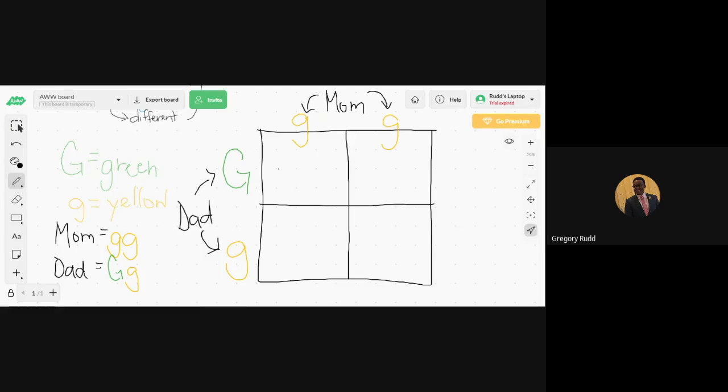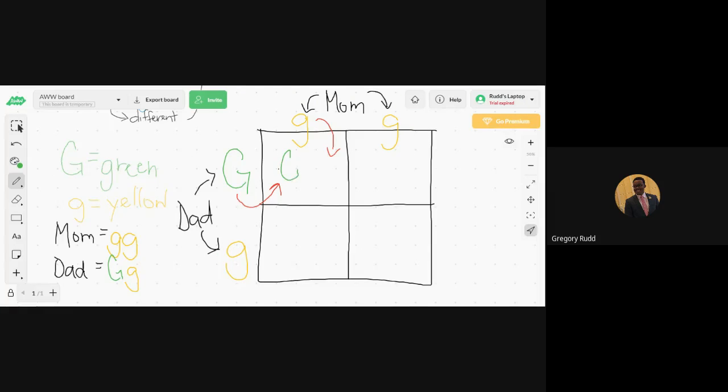My next step is then to do the actual cross. So I'm going to actually write these genotypes in my boxes, in my Punnett square. I'm going to take this G and put it right here, and take this G and put it right here.